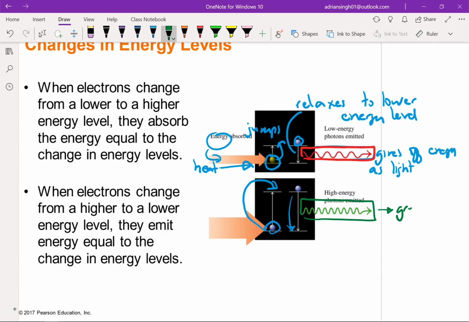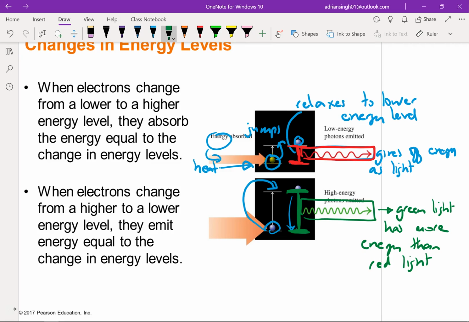And this green light has more energy than the red light above, right? And you can tell because the difference here in energy levels is much greater compared to over here where the difference is much smaller.